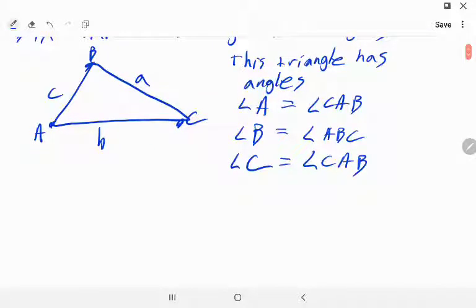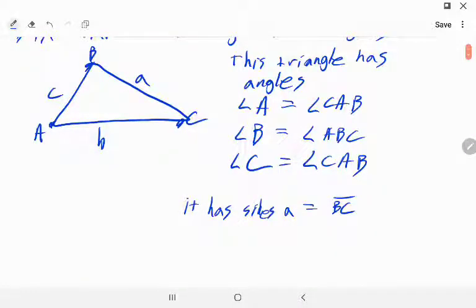And we notice that we have sides. Little a, we could also think of it in terms of the side BC.